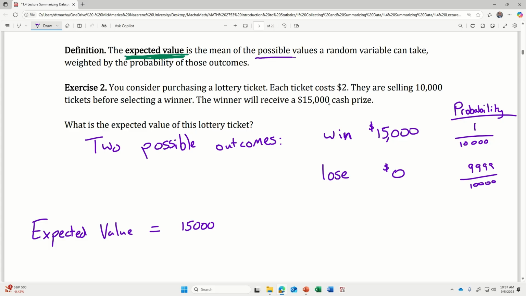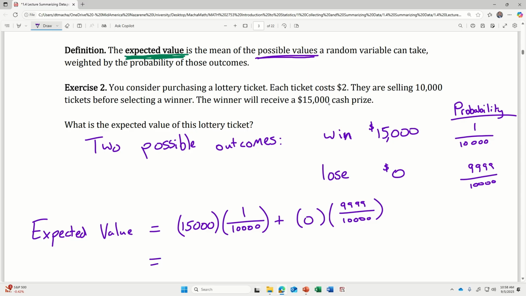That's one possible value, weighted by its probability, 1 in 10,000, plus $0. That's another possible value, weighted by its probability. Of course, anything times 0 is 0, so that doesn't matter very much. But this time the expected value is going to be 15,000 divided by 10,000, so that's going to be $1.5.